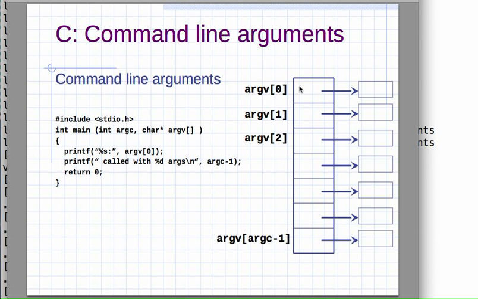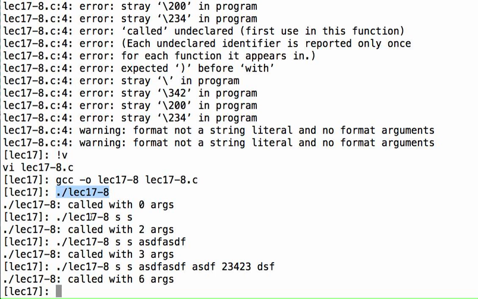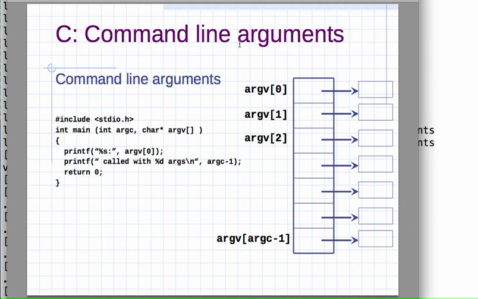So when you type in just the command name itself, or in this case the program name, ./program name, this is one string, and this creates an array with just one element, and that's what you have when you type in no arguments.